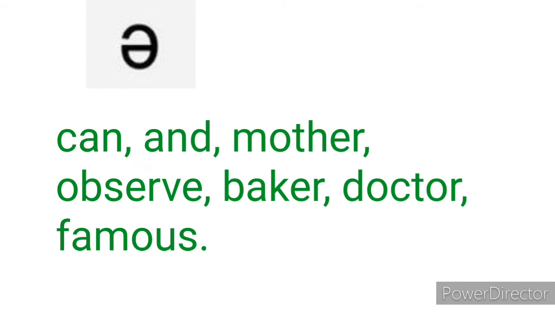Let's see another example. The word observe has two syllables, observe. OB is one syllable and serve, S-E-R-V-E, is another syllable. So the unstressed syllable in this word is OB. So that's why it's being pronounced as observe.